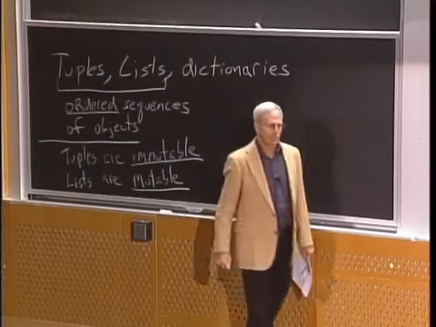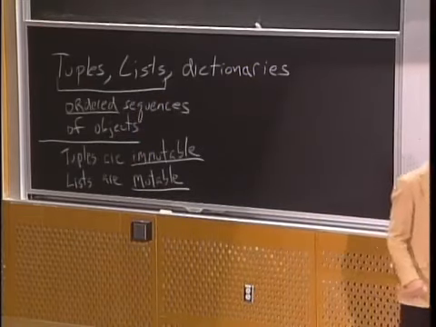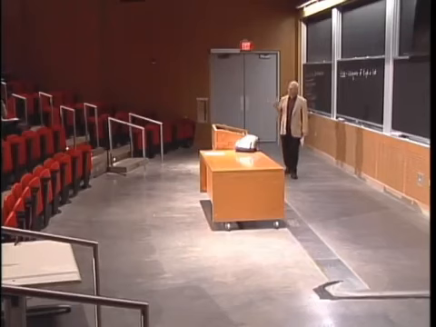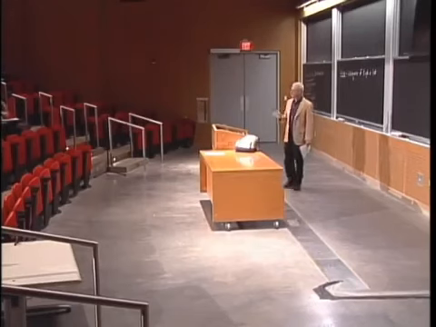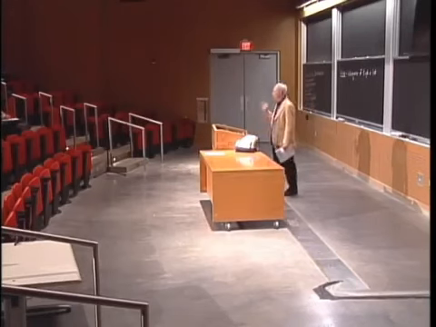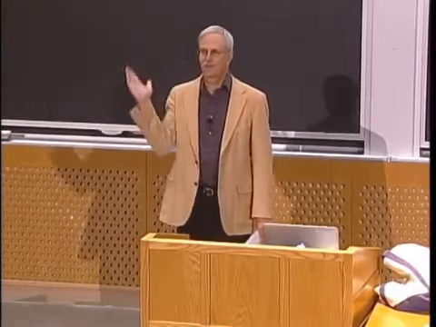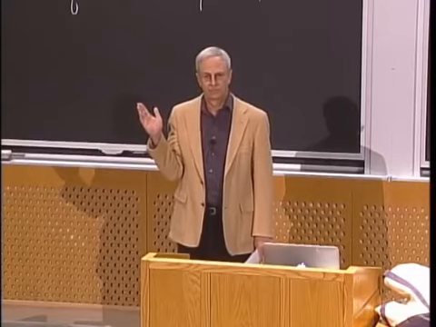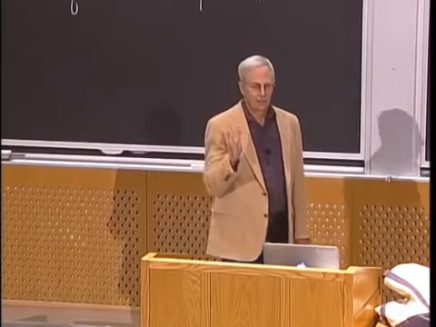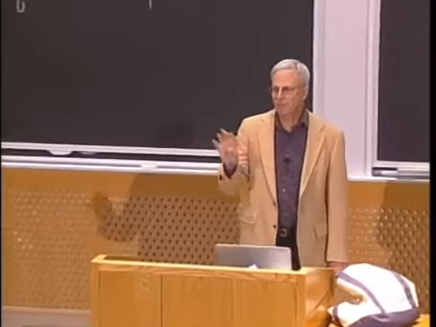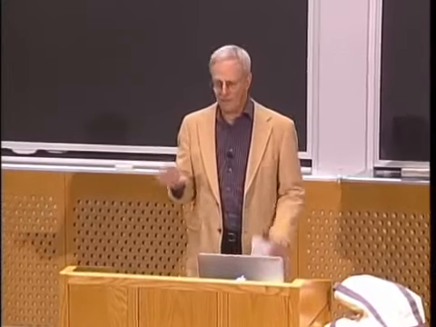It's the first mutable type we've looked at, because you'll recall assignment didn't actually change the value of an object. It just changed the object to which an identifier was bound. Mutability is the first time we've seen a way to actually change the value of an object itself.